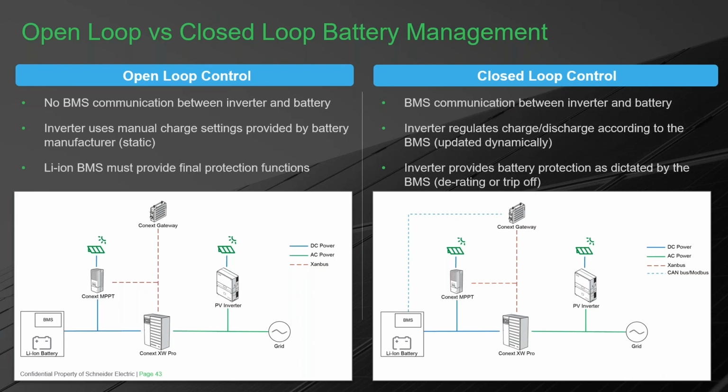But with the BMS, we can operate with what we call an open loop control, or a closed loop control. So let's take a look on the left side here at the open loop control. This battery is not talking or communicating with the Conext system at all. Sometimes these batteries are known in the industry as lead acid replacements.